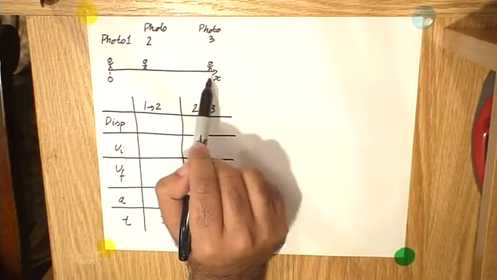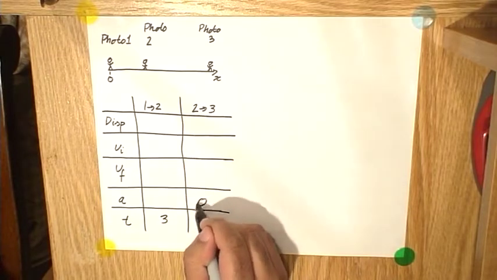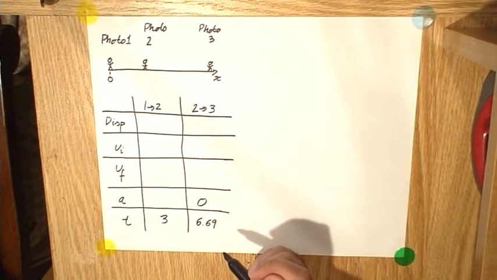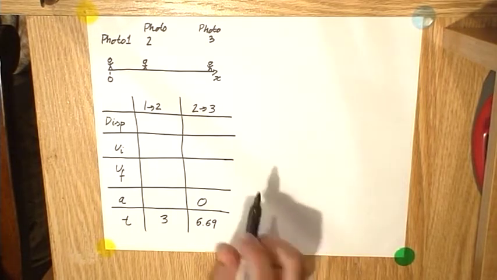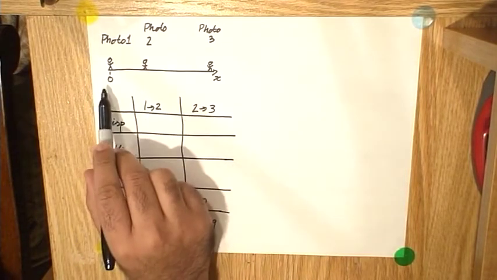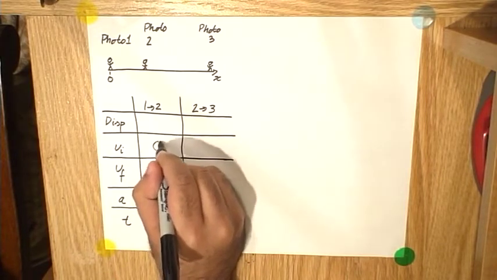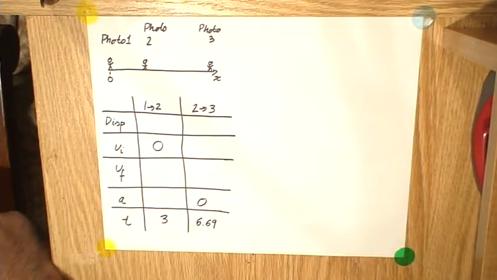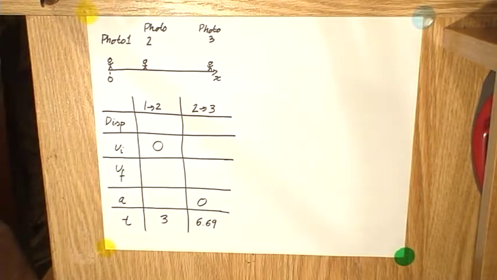And since the acceleration here is 0, we can also put that as a known quantity. Now, after that, we know that he started from rest, so his initial velocity in photo 1 is also 0. And that's all of the information that was actually given in the question.